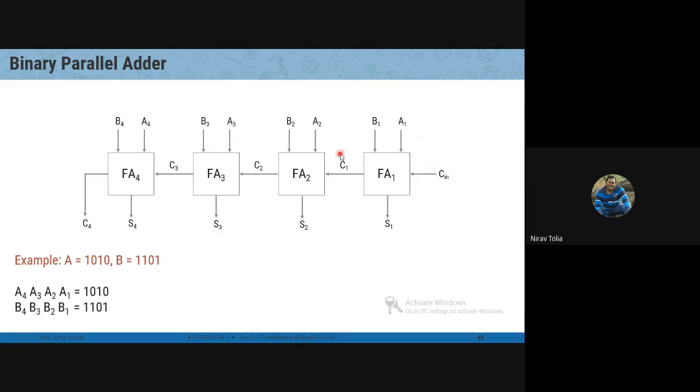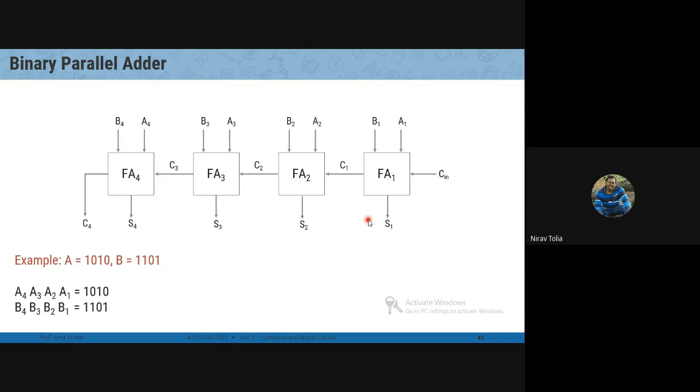Why? Because we first have to add A1, B1, and Cin, then C1 is generated, then add A2, B2, and C1, then C2 is generated, then add A3, B3, and C2, then C3 will be generated, and then add A4, B4, and C3, then we have the final answer.